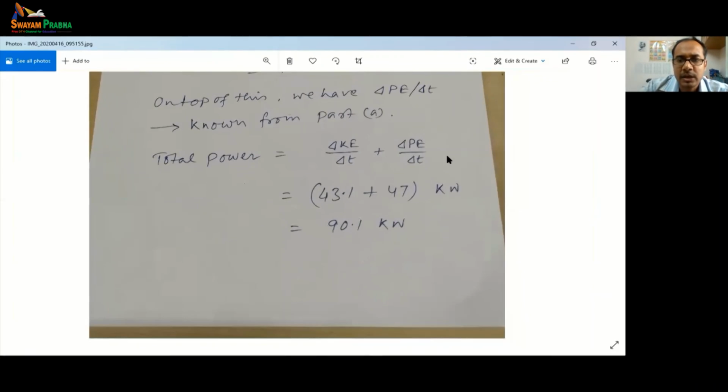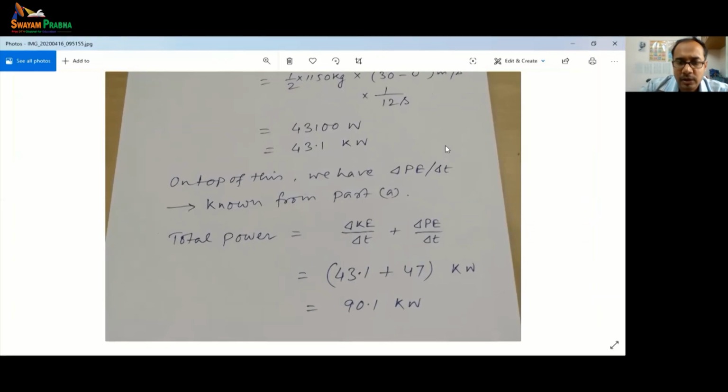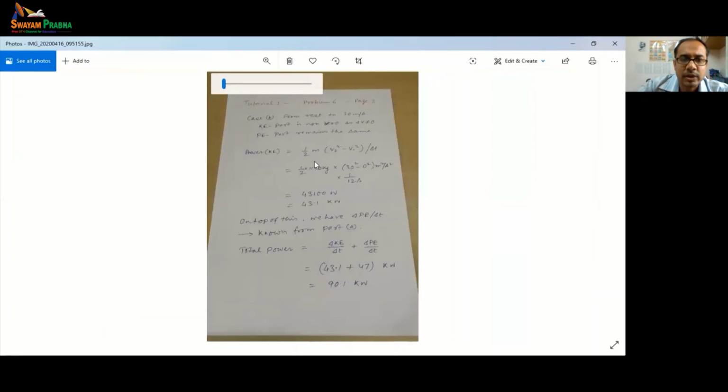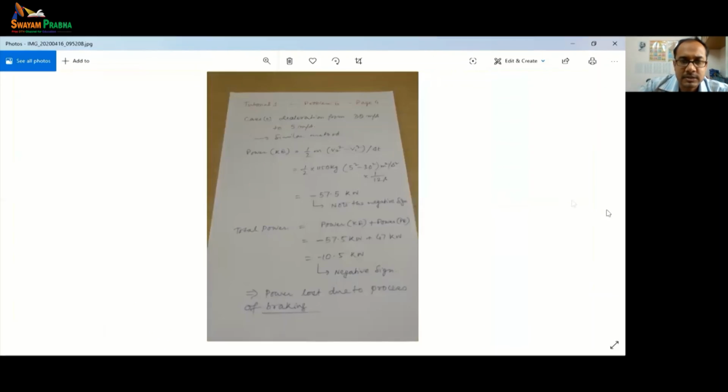So that would be the total power required to accomplish the change in height. I mean, the whole uphill road will be covered, but the velocity will be from 0 to 30 meter per second. So this is the case B, where we have both the kinetic energy change as well as the potential energy change.